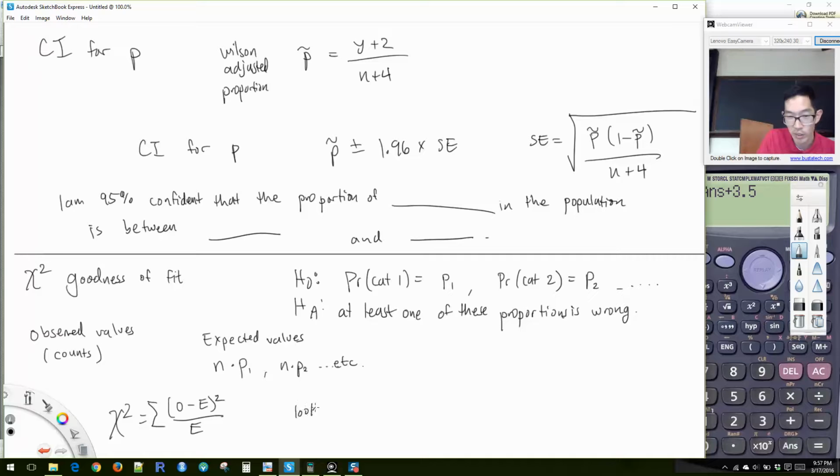And then you look up in the chi-squared table with number of categories minus 1 degrees of freedom. Okay.